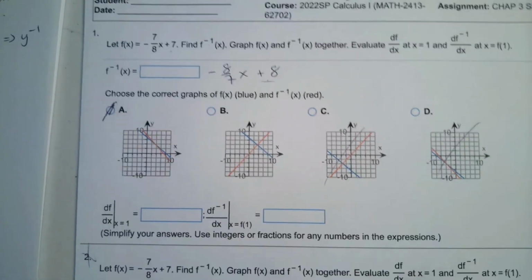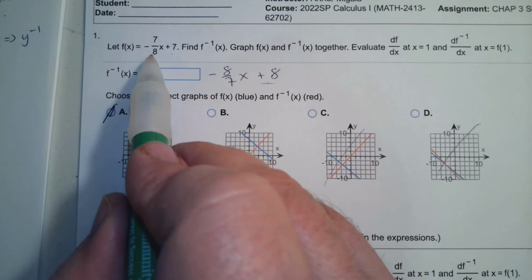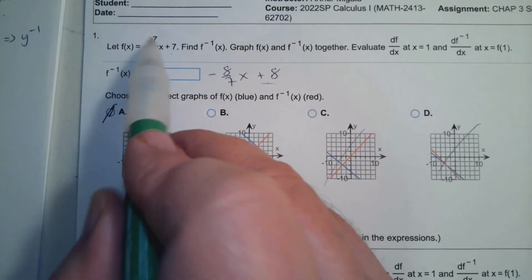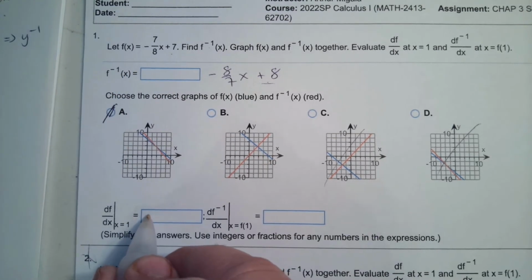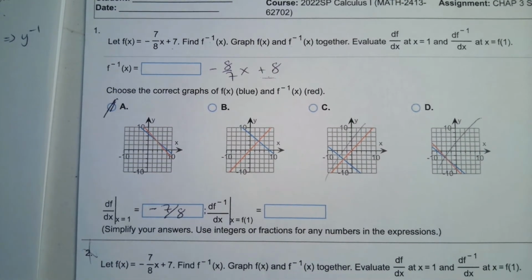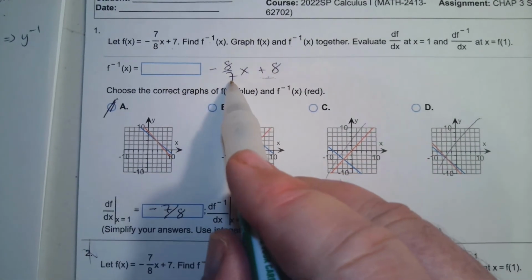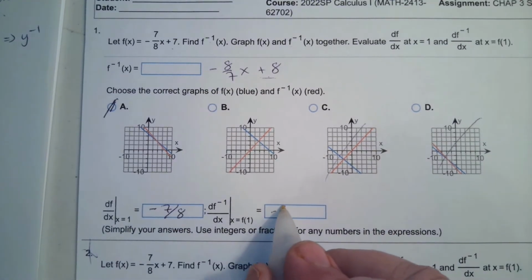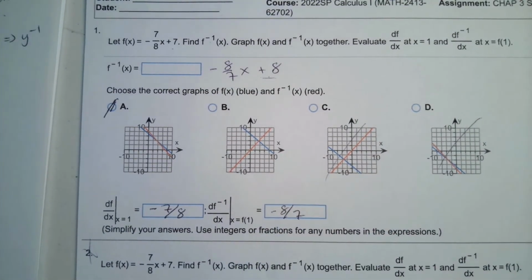Now we take the derivatives. If we take the derivative of the first function, we get negative 7 over 8. If we take the derivative of the second one, we get negative 8 over 7. So that's the first one.